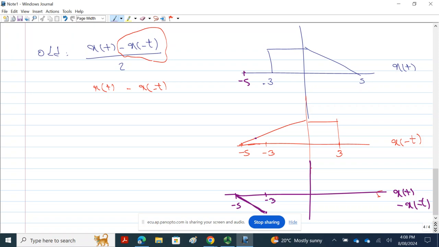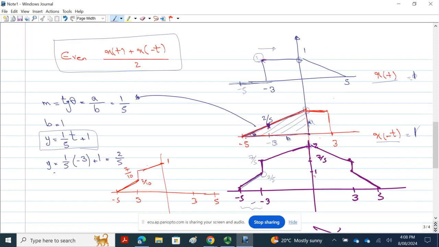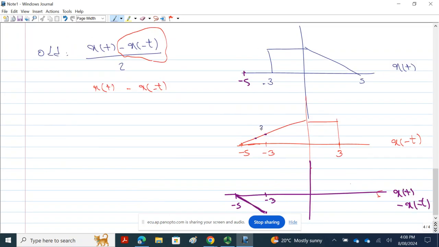So everything will be the same. Now we'll get to the tricky point of minus 3. We already calculated this point, which was equal to 2 over 5, remember? We found the slope, and then we calculated this value to be 2 over 5.